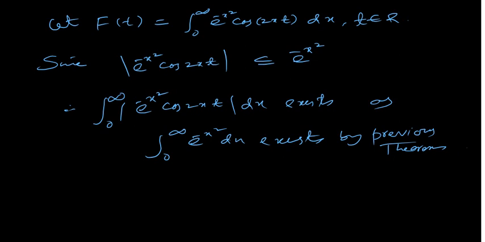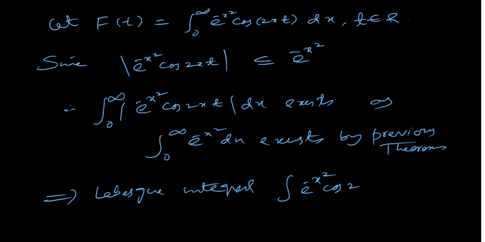This means that if the improper integral exists, the Lebesgue integral of e power minus x square cos of 2xt d lambda over 0 to infinity also exists.